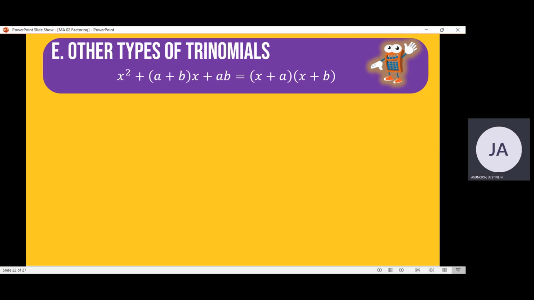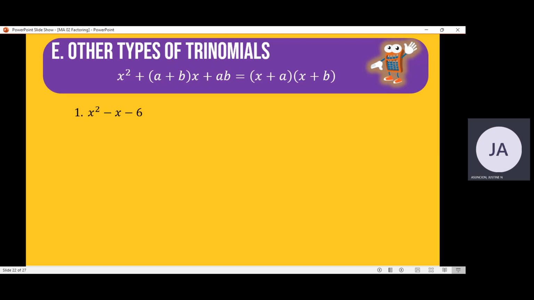Okay, so if that's the case, let's have this example. x squared minus x minus 6. As you can see here, we need to identify two factors that, if we multiply them, will give us a result of negative 6, which is the last term.